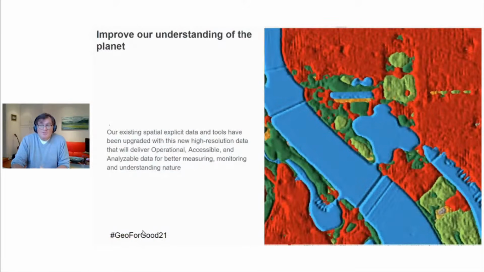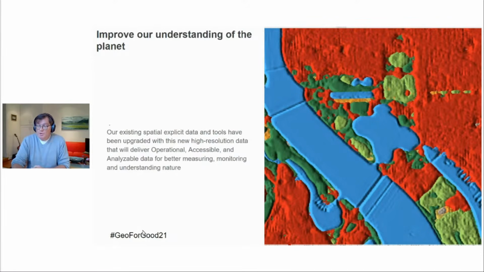This really improves our understanding of the earth, because data is spatially explicit. Things happen for a reason somewhere and not somewhere else. Here you see a satellite image, and this is a classification of the data from Dynamic World.